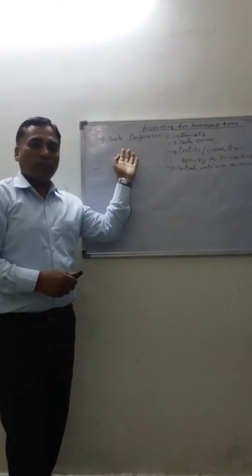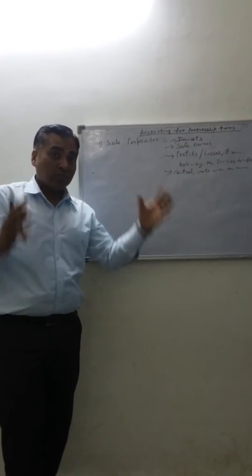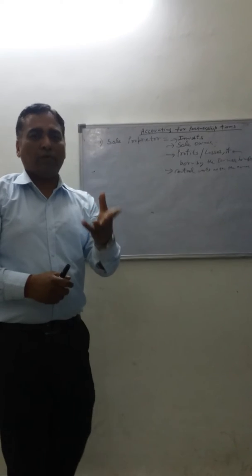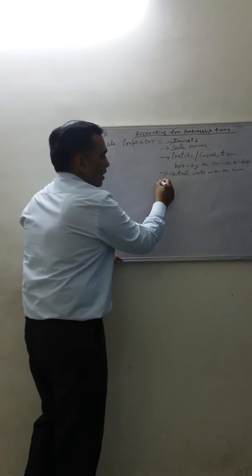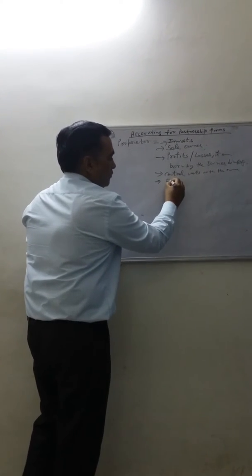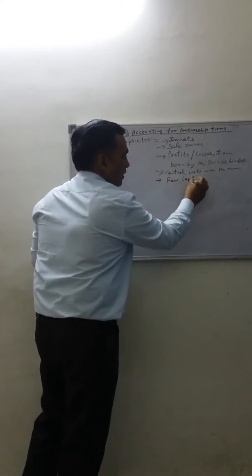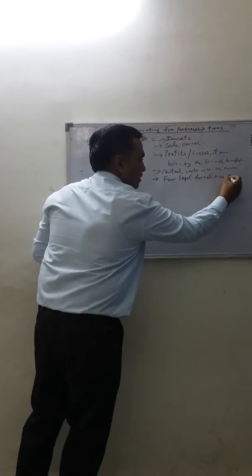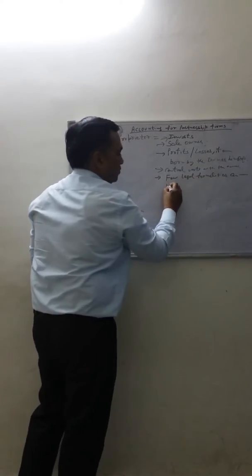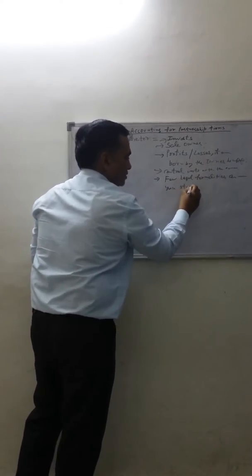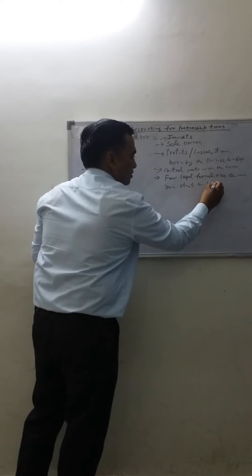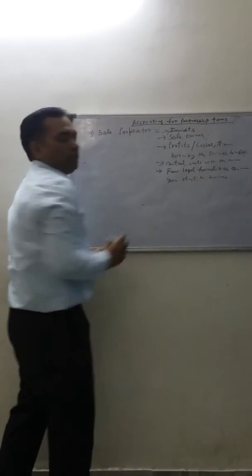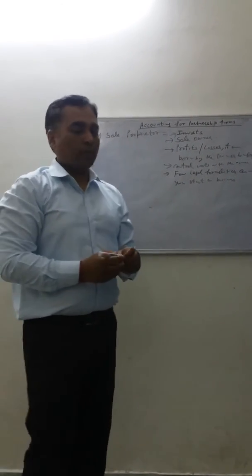For opening a sole proprietorship, you need not follow a large number of formalities. There are very few legal formalities that are easily followed. Few legal formalities can make you start a business. Right? So this is all about sole proprietor.